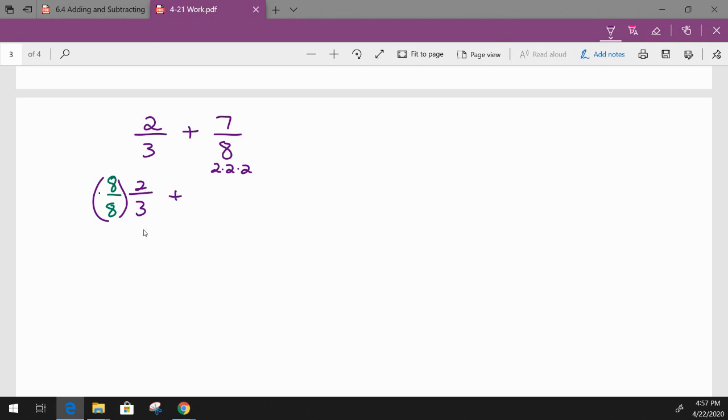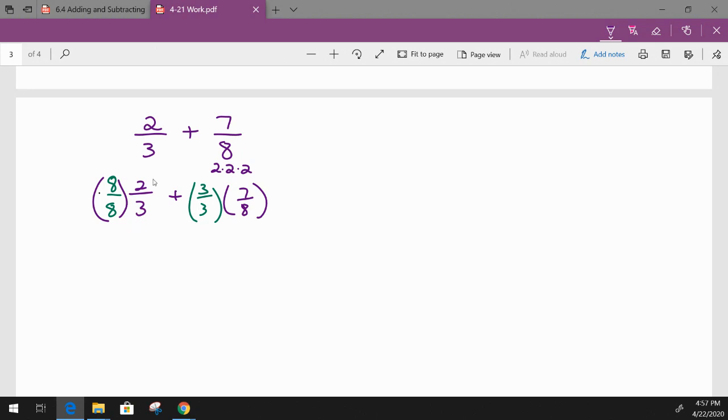And then the second fraction, since it already has a denominator of 8, you want to multiply it by 3 over 3. So again, we're multiplying each fraction by something that has a value of 1. So it's not going to really change the value of this fraction. It's just going to change the way it looks.